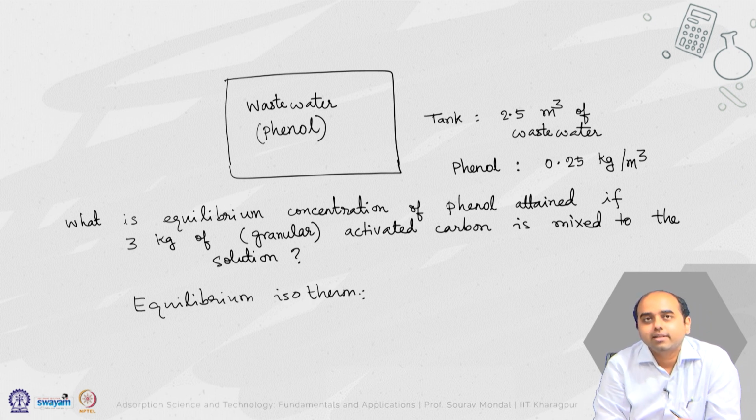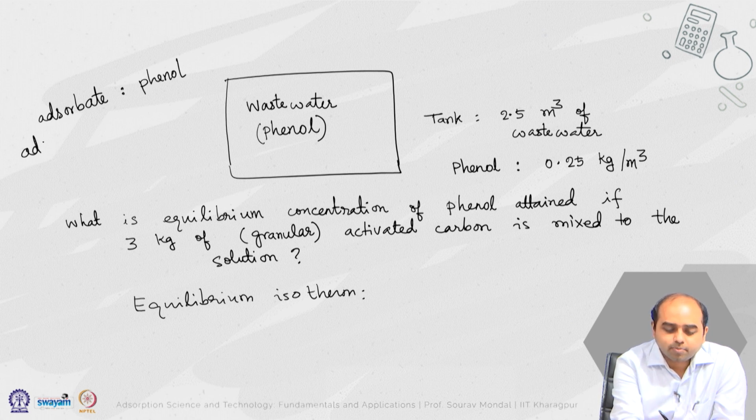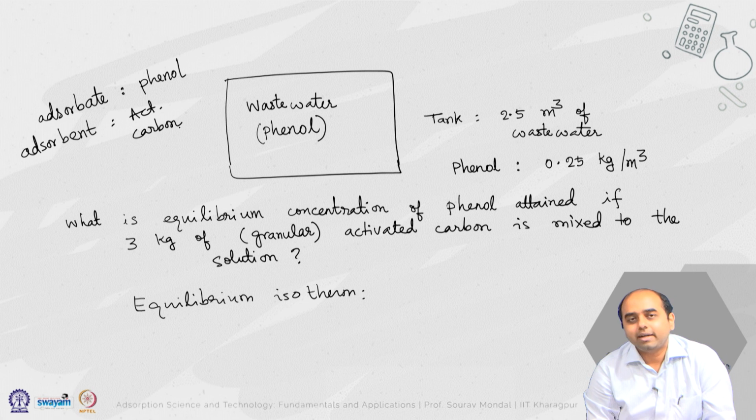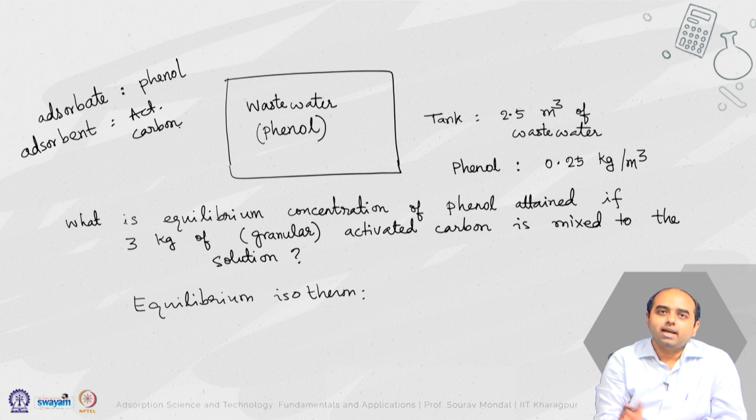In this case, please make sure that you realize the adsorbate is phenol and the adsorbent is activated carbon. So the equilibrium isotherm is the relation of the phenol concentration present in the solution phase and present in the activated carbon.